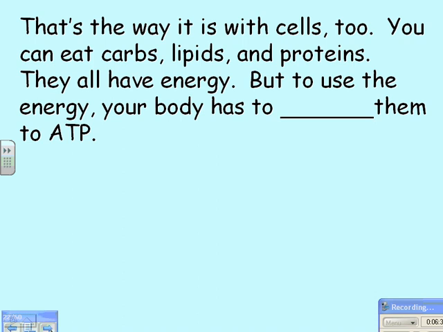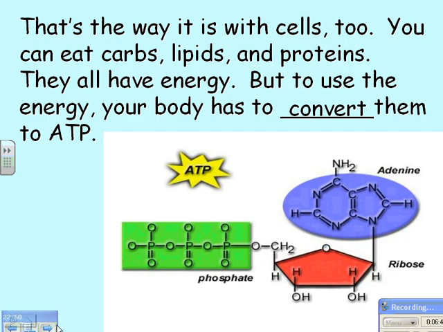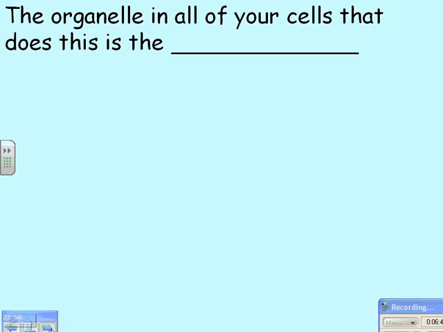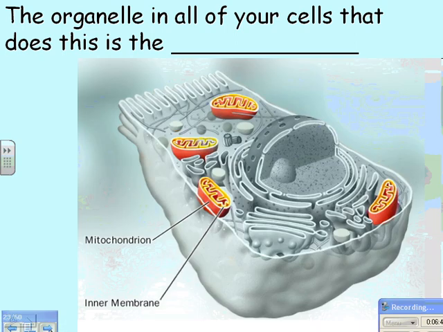You can eat carbs and lipids and proteins. They all have energy. But to use the energy, your body has to convert them or break them down to form ATP. The organelle in all of your cells that does this is the mitochondrion. So these are the mitochondria.